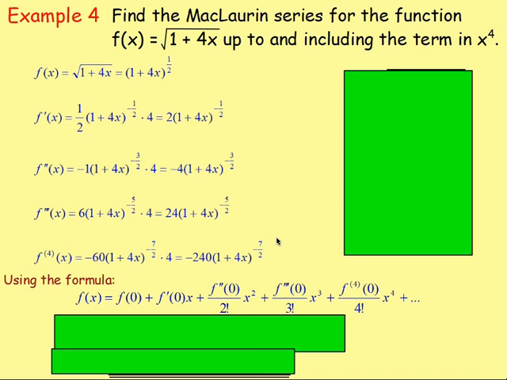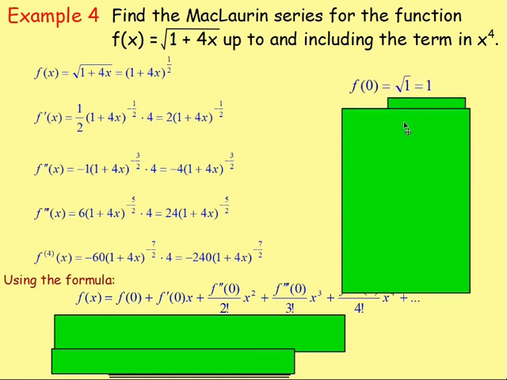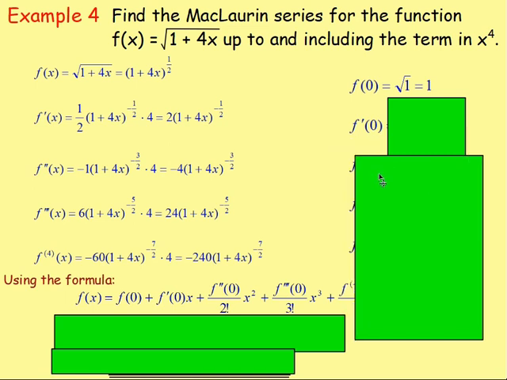Now we have to work out f of 0, f dash 0, f double dash 0 and so on. So f of 0 is going to be 1 plus 4 times 0, to the power of a half. Well, 4 times 0 is 0, so it's just 1 to the power of a half. 1 to the power of anything is just going to be 1. After that, work out f dash 0.